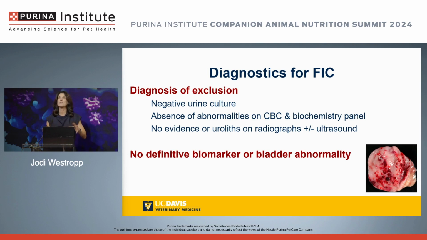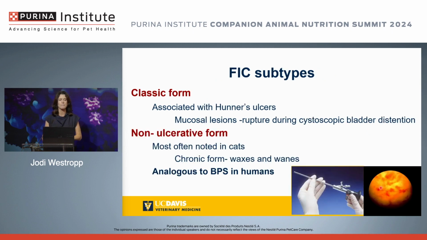Nothing is used clinically as a diagnostic test, or unfortunately a bladder abnormality that says this is specific for FIC. Maybe that'll change someday as we're starting to get more into AI and machine-based learning. If we can start putting more data together, maybe we'll start to develop some patterns and gain more information on this.